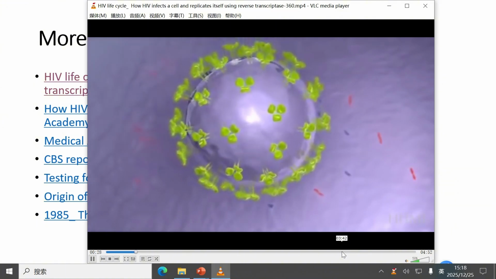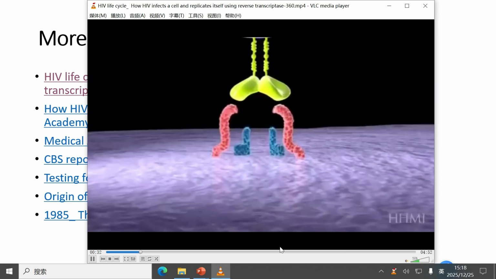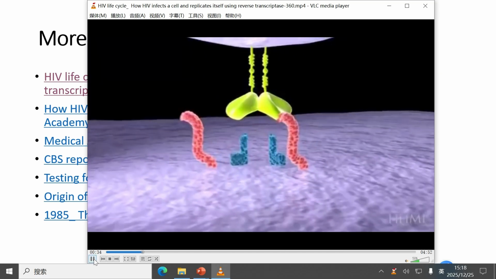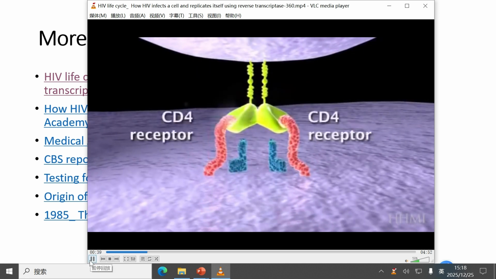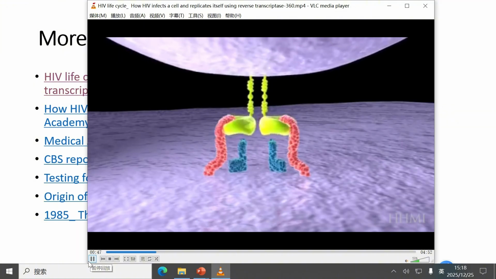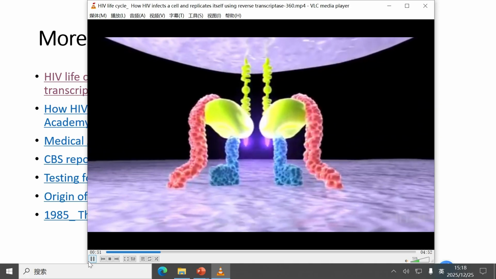The way that it does this is that as it comes up to the cell surface, it uses receptors that are on T helper cells and exclusive to T helper cells, which are CD4 molecule, which really defines T helper cells. It's a surface receptor that binds to the envelope protein. That causes a conformational change and allows a second receptor to grab hold of the envelope. This is the chemokine co-receptor.